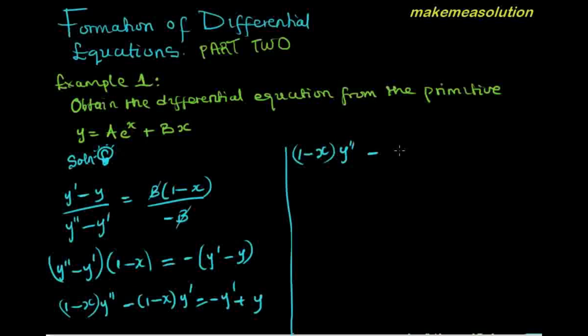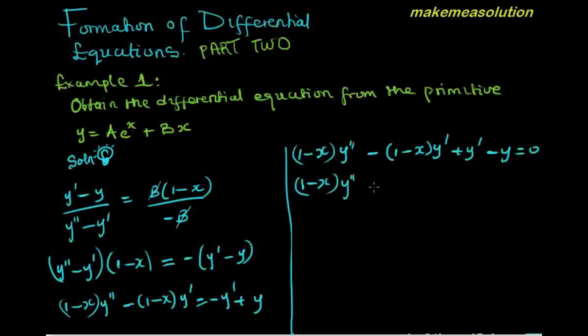Or instead of expanding I can say minus 1 minus x y prime, then plus y prime, and minus y equal to 0. So from this point, what are we going to do? We are going to leave this one the way it is.